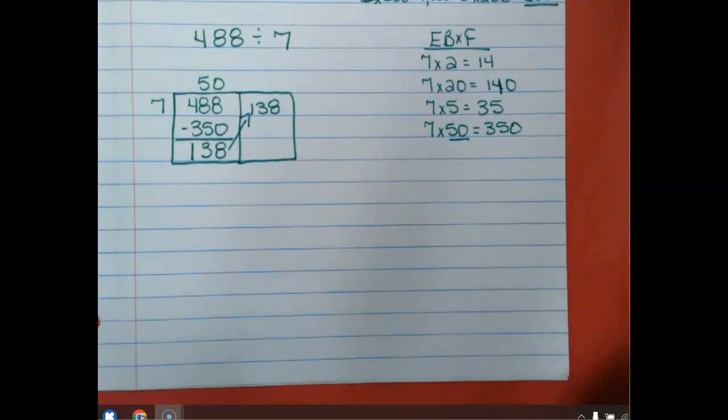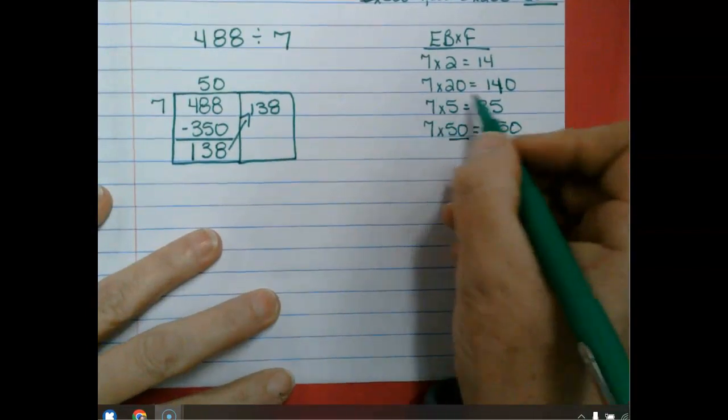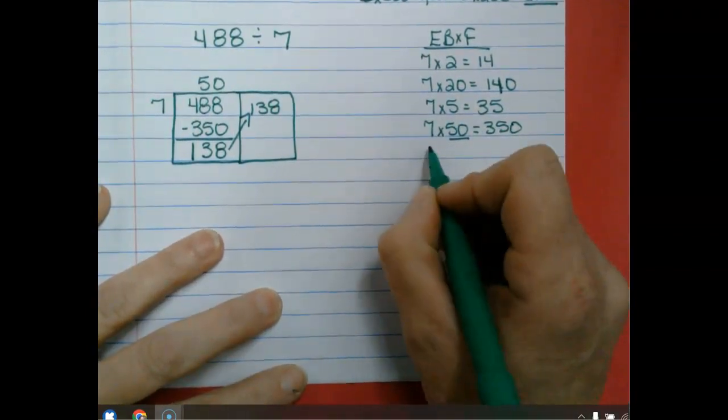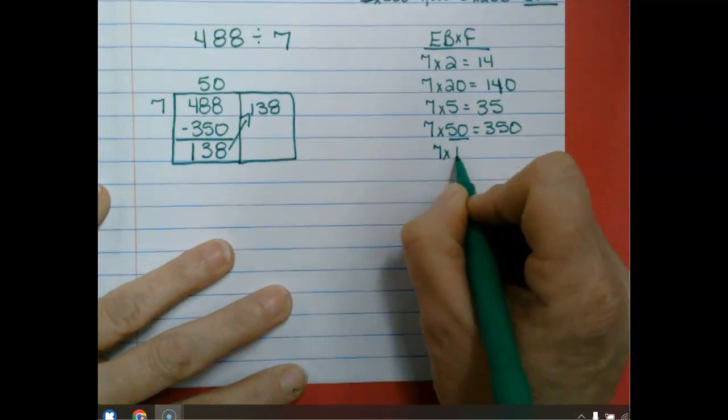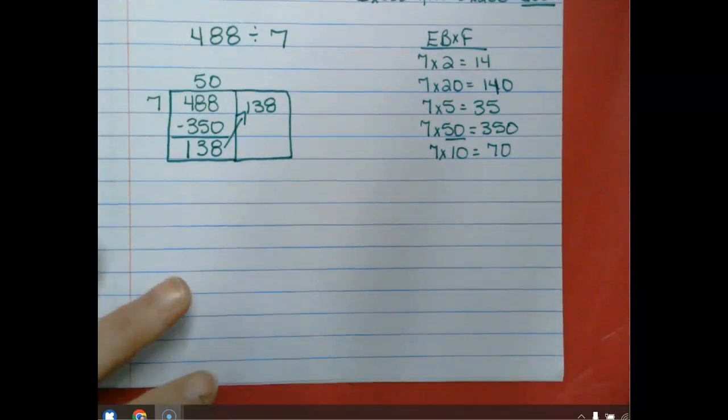So that's not nearly enough. I know if I have 7 times 10, that would be 70. So I'm going to go with that because it's smaller than the 140 and it's bigger than 35. So I'm going to put 7 times 10 over here, and that's going to be 70.